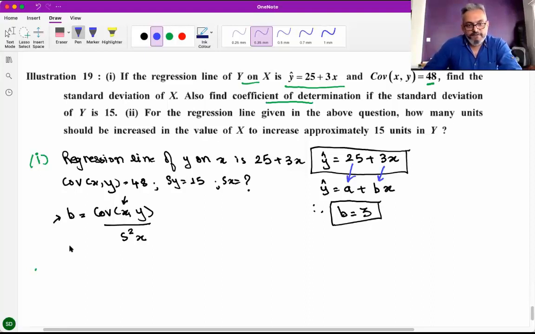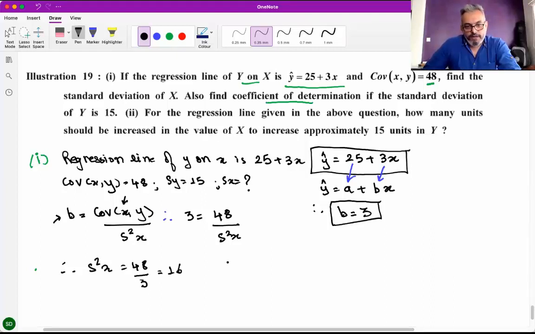So we already have b. So therefore b is 3. Covariance x comma y is 48 upon s square x. Therefore s square x is equal to 48 divided by 3, which is equal to 16. Therefore s of x is equal to under root of 16.